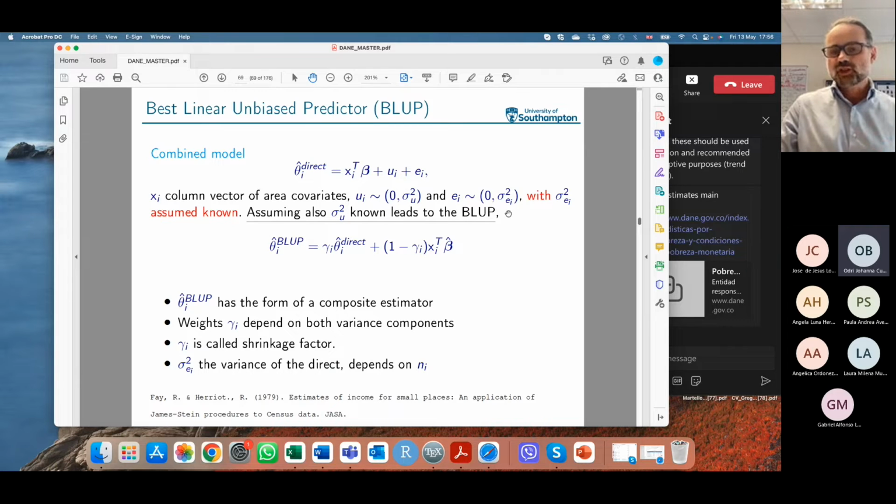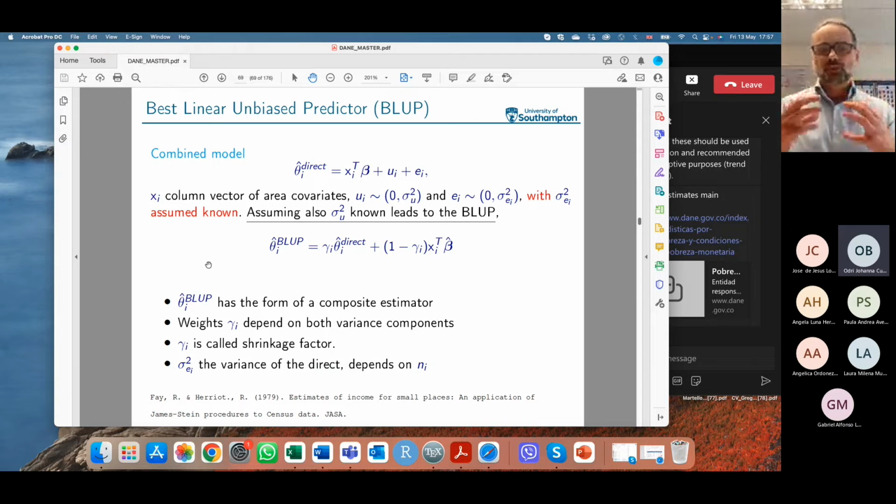So what you need to do is assume under this model, in the simplest case, that the sigma squared e_i's are known. You have estimates of the sampling variance because you know by now how to estimate the variances of the direct estimates.